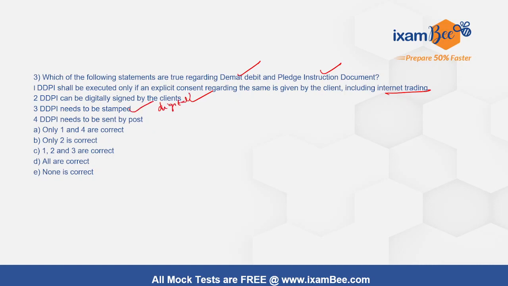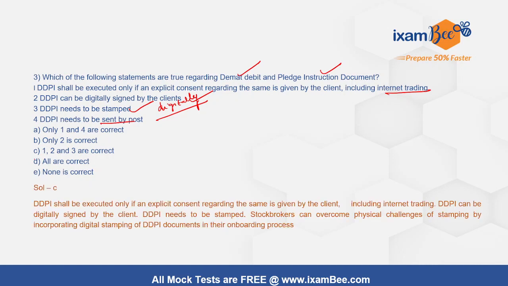So this statement is also not wrong, right? It needs to be sent by post. That is irrelevant. So the answer is C. So DDPI shall be executed only if an explicit consent is given, needs to be stamped. Stockbrokers can overcome physical challenges of stamping by incorporating digital stamping of DDPI documents in their onboarding process.